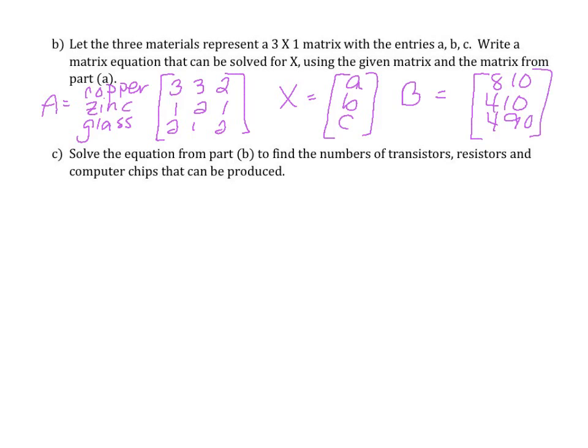Let's go solve the equation from part B to find the numbers of transistors, resistors, and computer chips that can be produced. So I'm going to use inverse matrices to help solve. So we have to write our 3, 3, 2, 1, 0, 0.